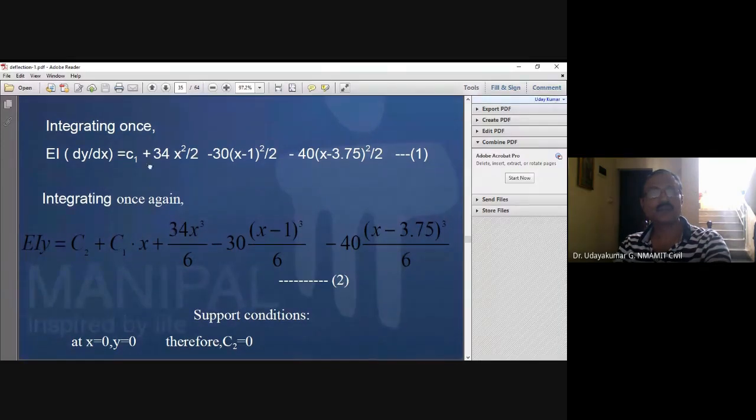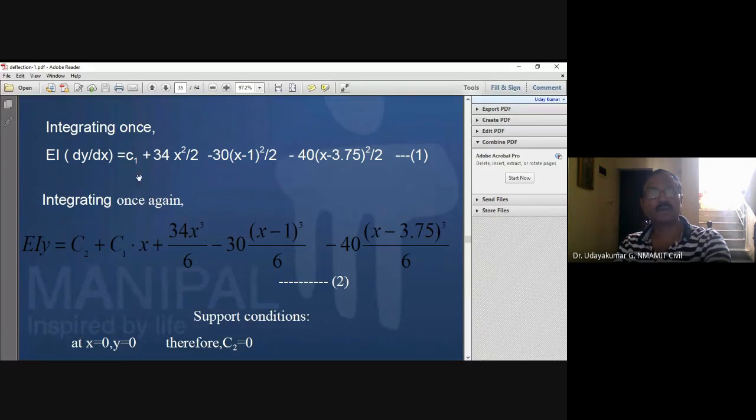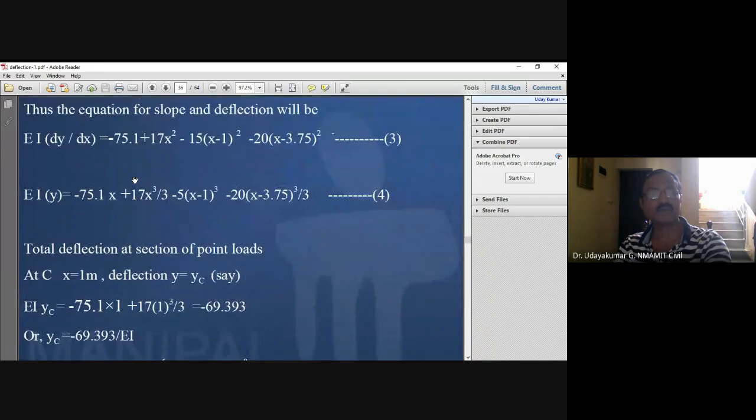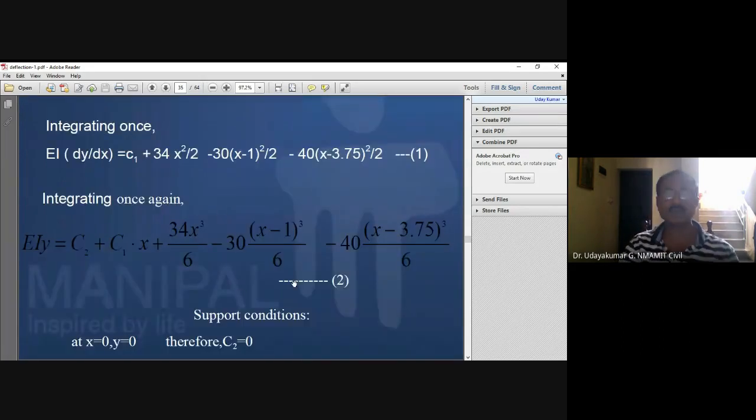To get the slope, C2 is 0 now. To get C1, what is not here? This step is missing there.